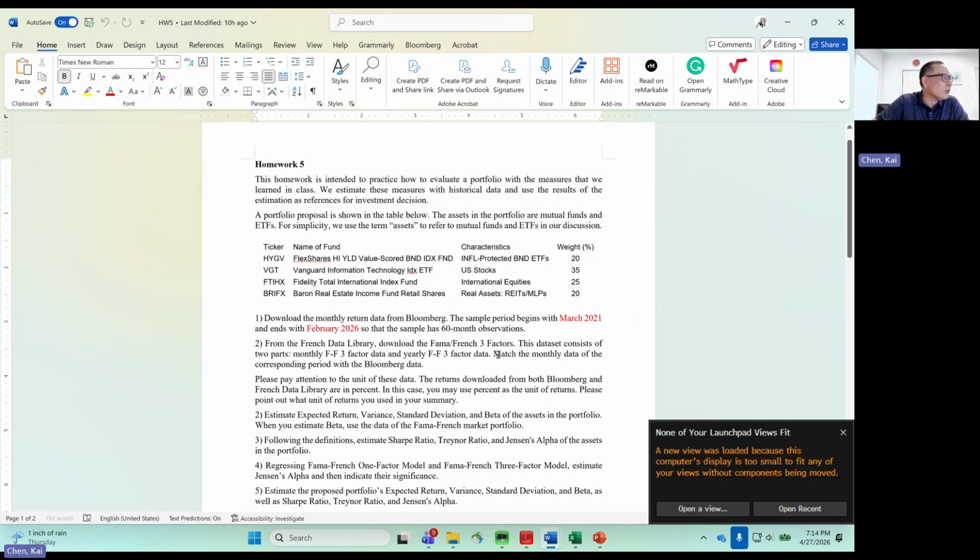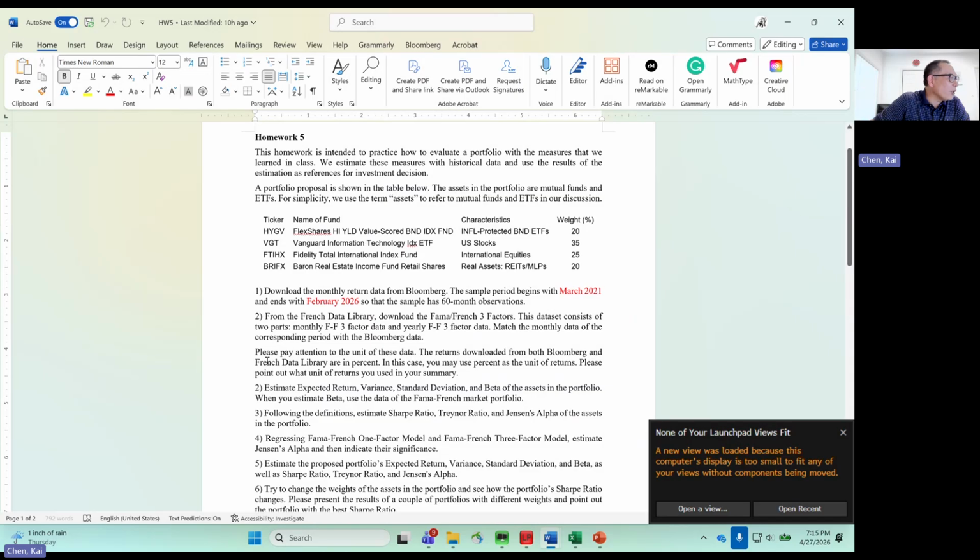This data set consists of 2 parts, monthly Fama French 3 factor data and yearly Fama French 3 factor data. We're going to use the monthly data, right? In the class, we have downloaded the data from the Fama French data library. And we're going to match the monthly data of the corresponding periods with the Bloomberg data.